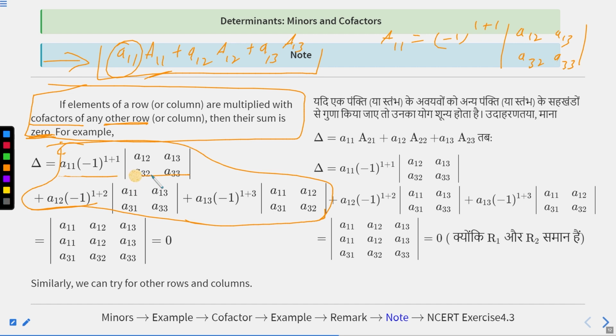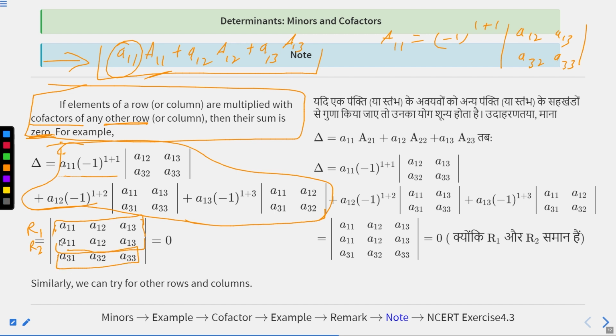As you can see, this is the determinant for this matrix. The entries are a11 a12 a13, and the same a11 a12 a13 again. So row 1 and row 2 have the same entries, and this row is different.